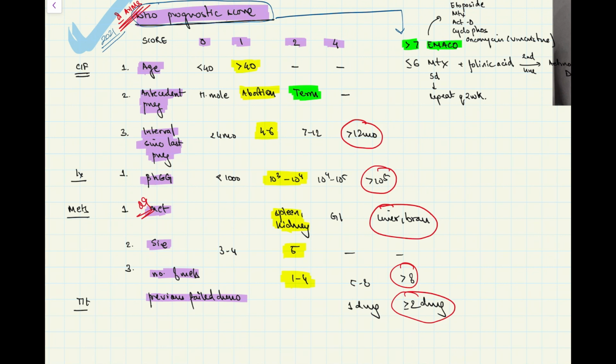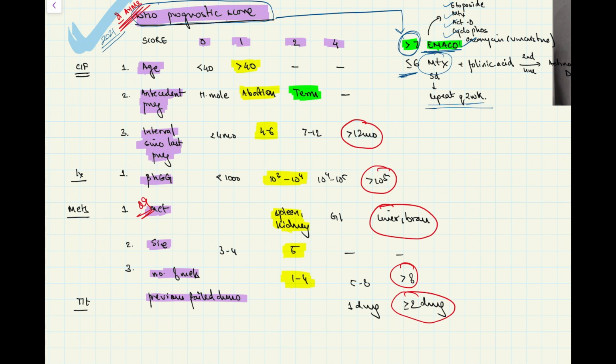So, you need to calculate the score, and based upon the scoring, if the score comes out more than 7, the treatment is a multi-drug chemotherapy of the regimen EMACO, that stands for etoposide, methotrexate, actinomycin D, and cyclophosphamide, and Oncovin, that is vincristine. While if the score comes out to be less than 6, then you can give methotrexate with folinic acid, and you can repeat it every 2 weeks.